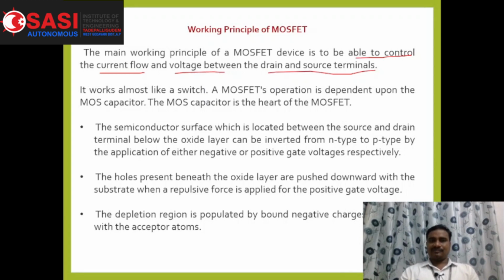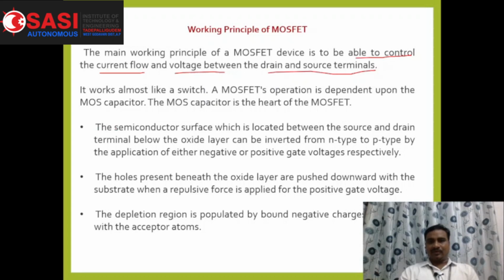Then the operation of the MOSFET takes place. It works almost like a switch. A MOSFET's operation is dependent upon a MOS capacitor. The MOS capacitor, the metal oxide silicon capacitor, is the heart of the MOSFET.